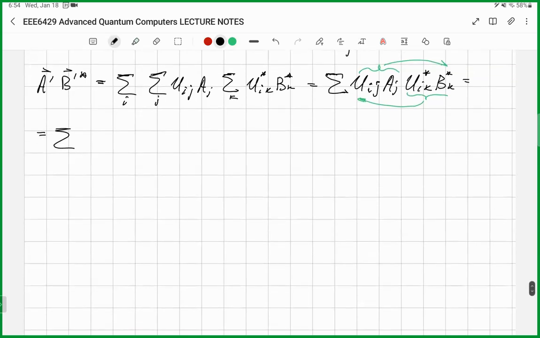It will be the sum of U complex conjugated, I k, then B_k complex conjugated, then U_ij A_j.